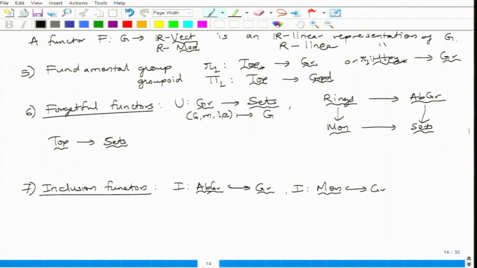So you are forgetting it. Metric space to topological space. What will it be? It's none of them. The existence of a metric, you are forgetting about that. Yes, so this is also a forgetful functor. Very good. So these are all forgetful functors, metric spaces to topological spaces.